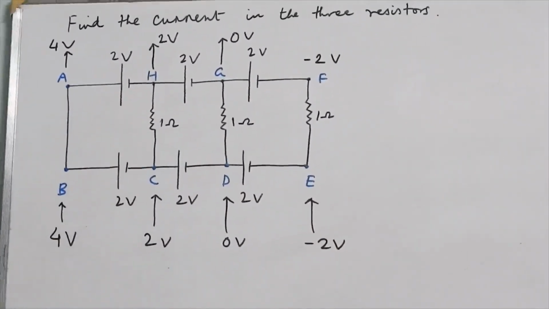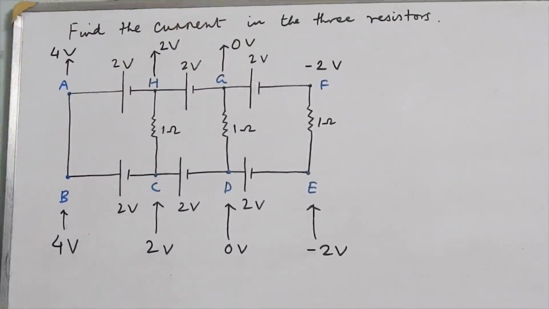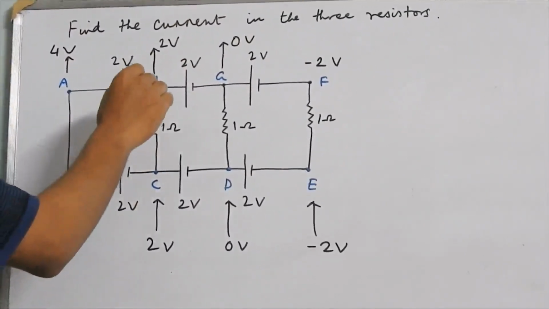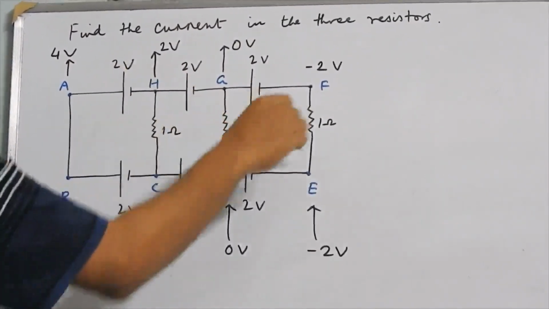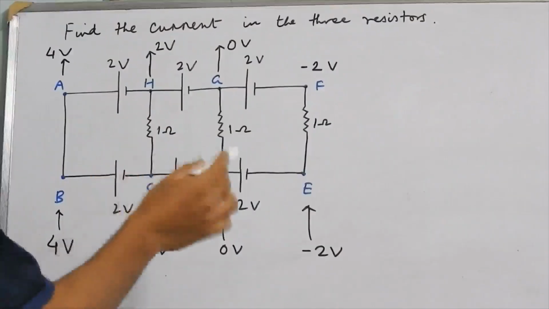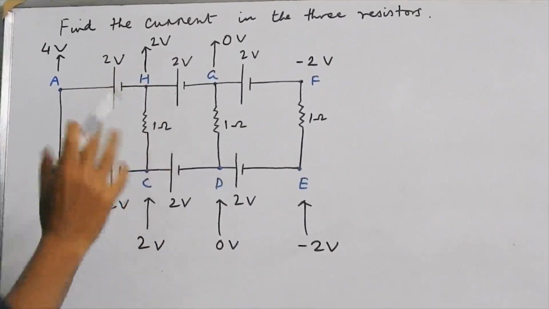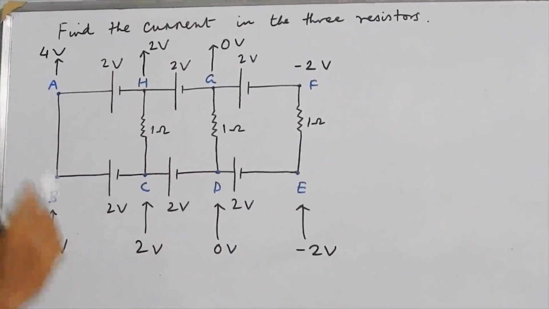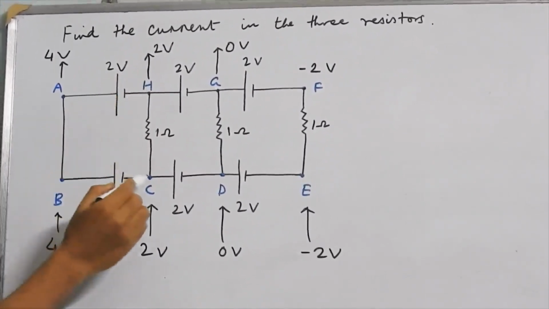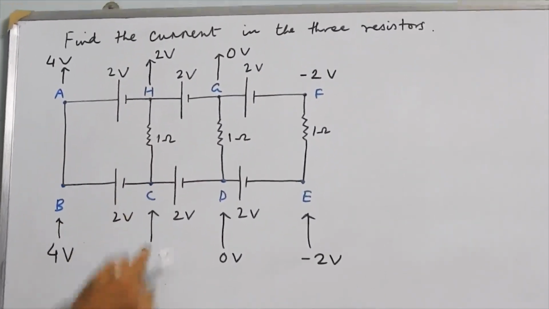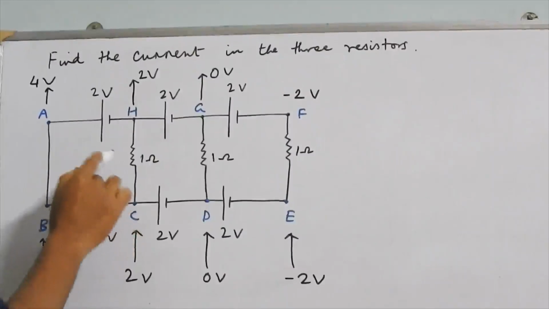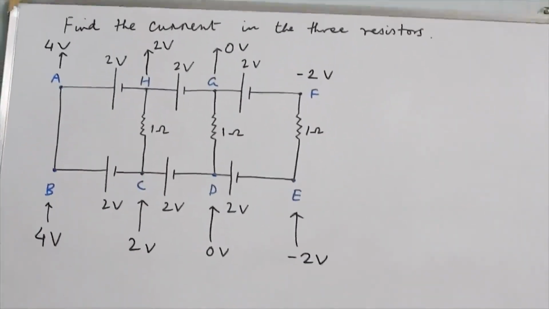Now, we have to find the current in the resistance. If you observe, the current that will flow through 1, 1 and 1. Current flows from one point to another point provided there is a potential difference. But you see that at H and at C, the potential is 2 volt. So they are at same potential, so no current will flow through this 1 ohm.